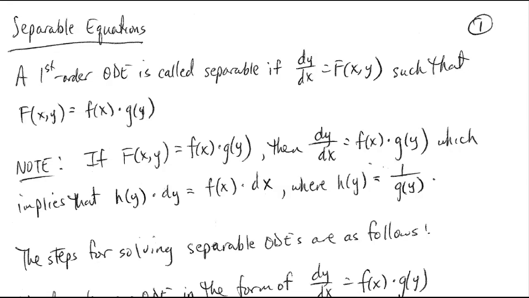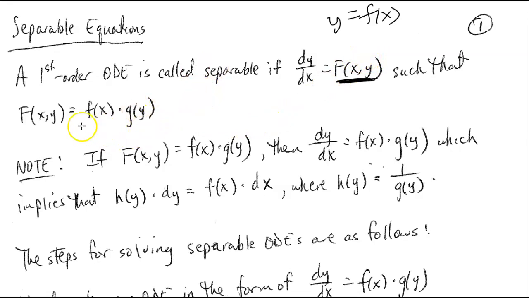So a first order ordinary differential equation is called separable if we have the situation where we have dy over dx. Well, y is just assumed to be some function of x here, where the function on the right hand side is a function of x and or y.